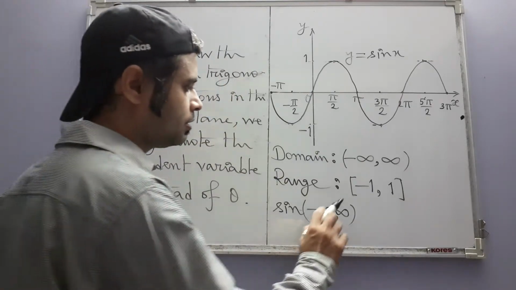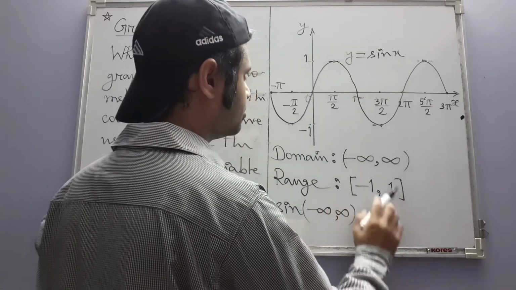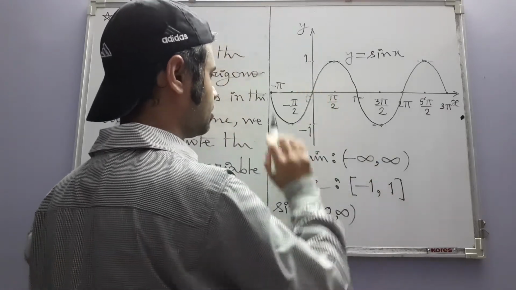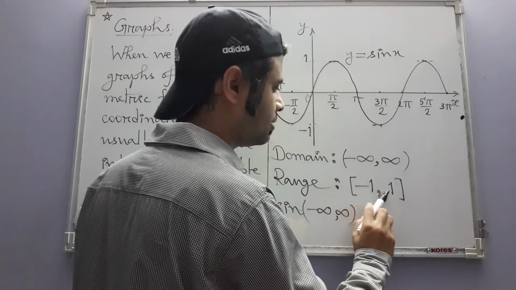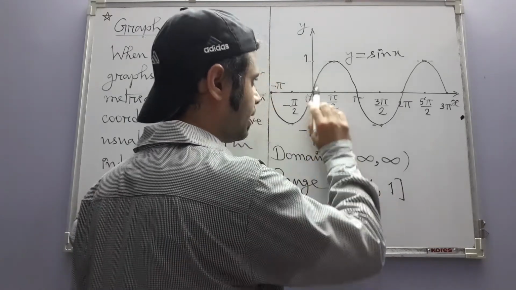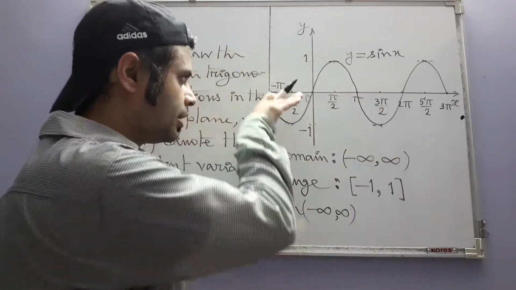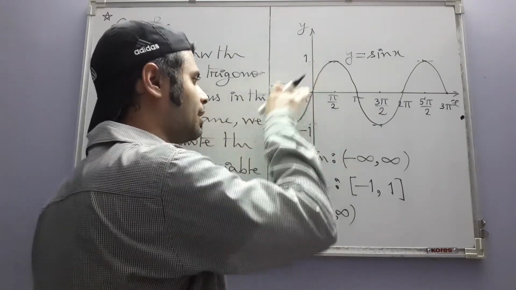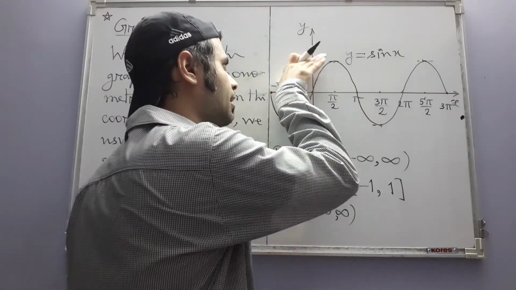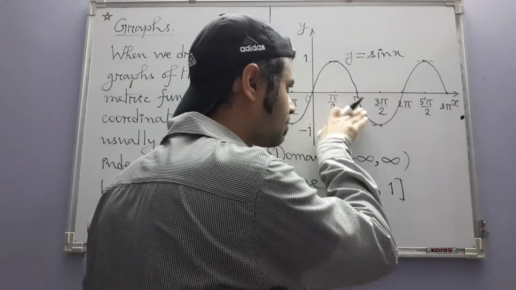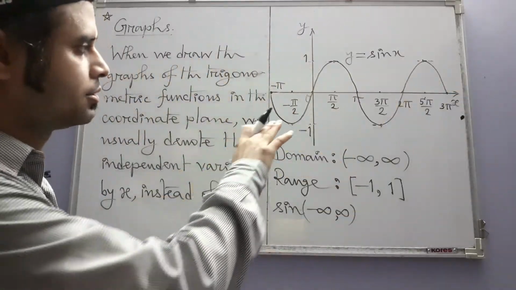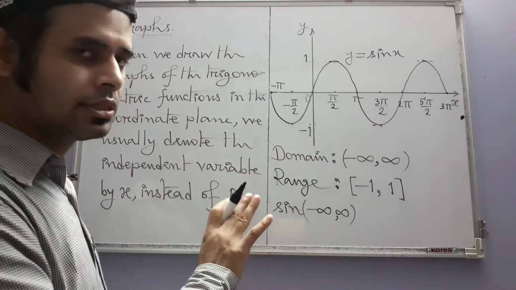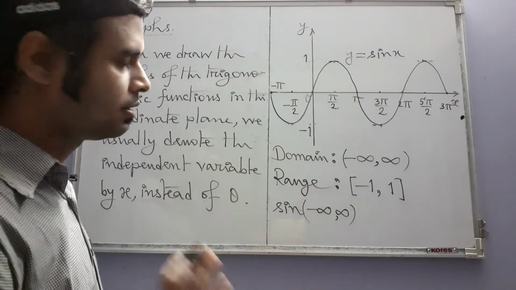So not only do all the outputs lie between -1 and 1, but in fact all real numbers lying between -1 and 1 appear as output. So there is no gap. All the values between -1 and 1 are taken, and in fact multiple times, again and again after regular intervals. That of course is the periodicity of the sine function, to which we are coming later.